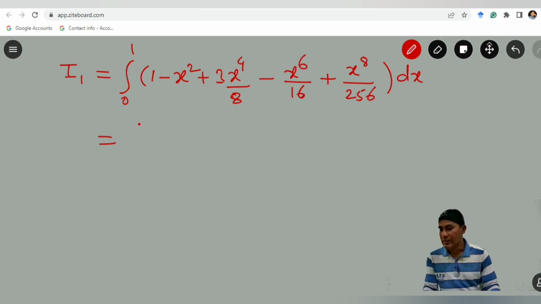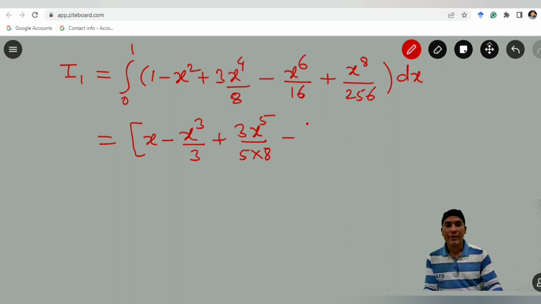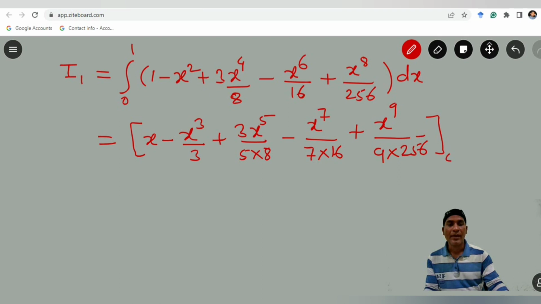So I1 is equal to x minus x cube over 3 plus 3 times x power 5 over 5 into 8, minus x power 7 over 7 into 16, plus x power 9 over 9 into 256, and the limits are from 0 to 1.